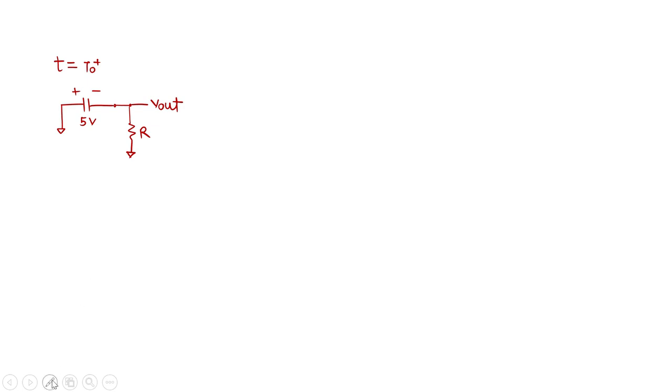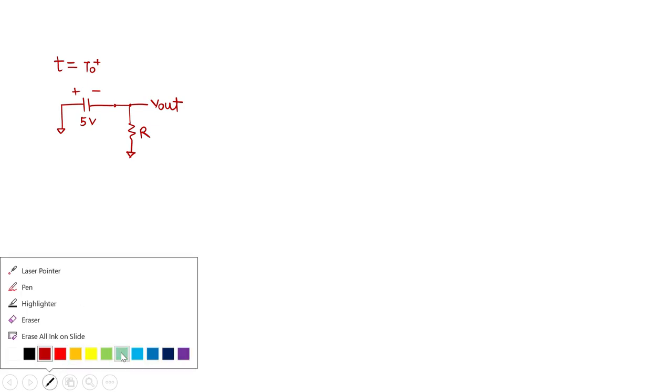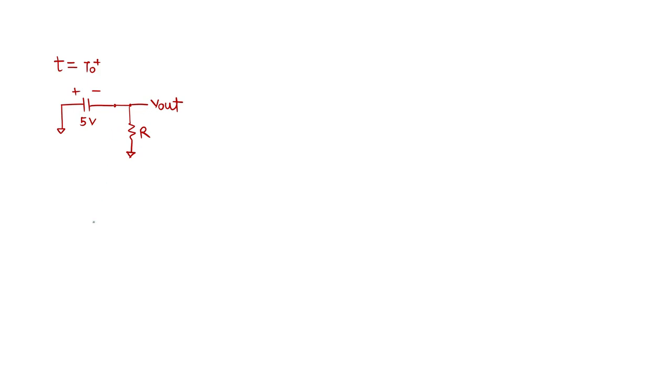Now the excitation is removed, so the circuit is simple: this capacitor is here with 5 volts, this is my resistor, capacitor, V out. What we are observing now is that the capacitor voltage is only the output voltage.